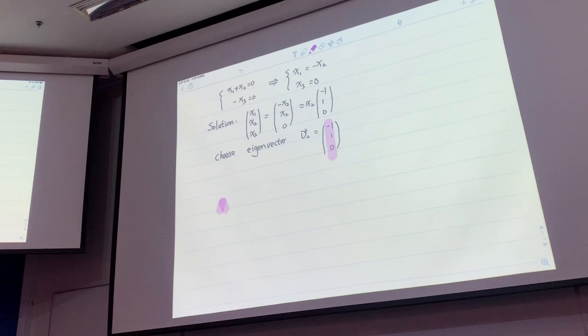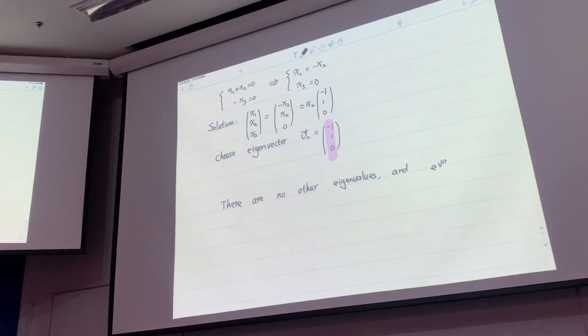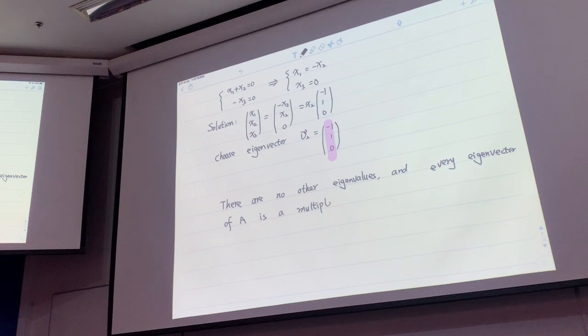So here, A. I would like to make it more clear. There are no other eigenvalues, right? And every eigenvector of A is a multiple of either v1 or v2, right?